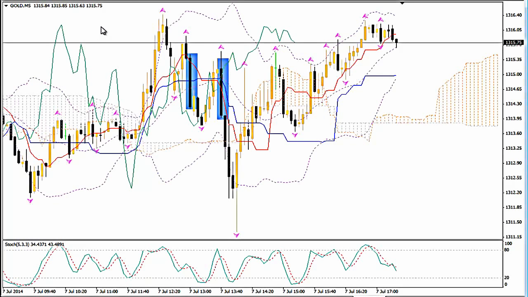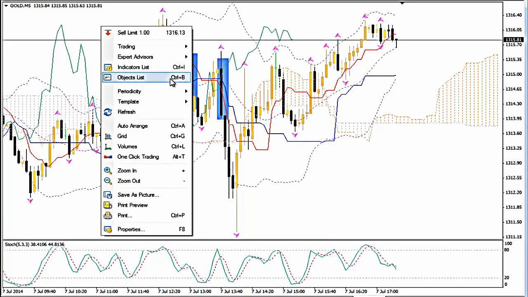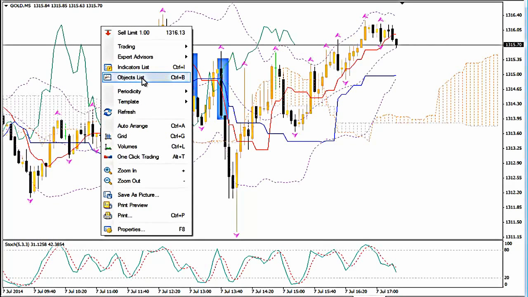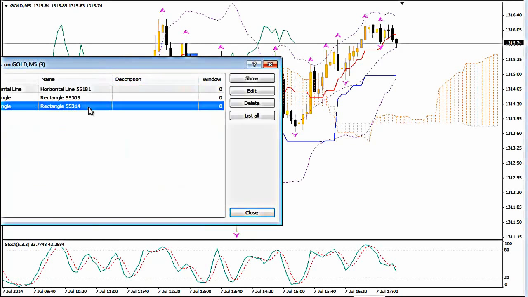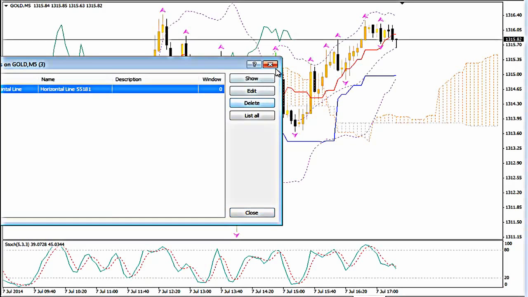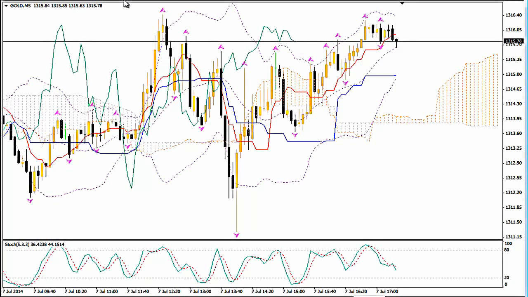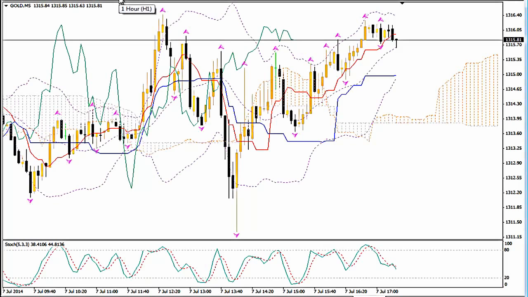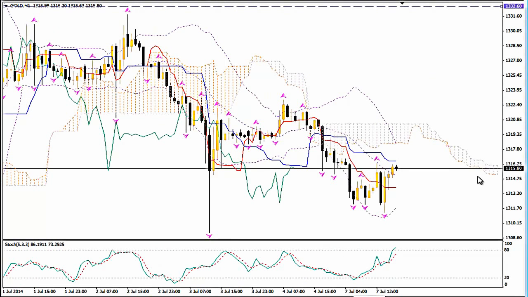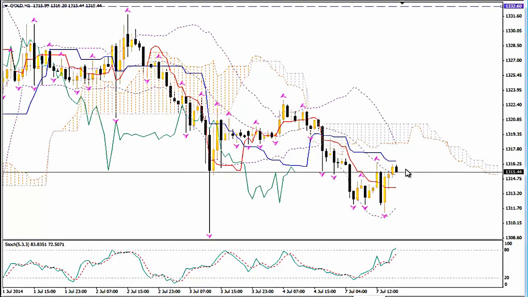But I would advise you, since gold has tenfold leverage, and that means tenfold risk for you, to wait for all conditions to be met. So H1, we had the first condition met, which is the bullish price Tenkan-Sen cross.